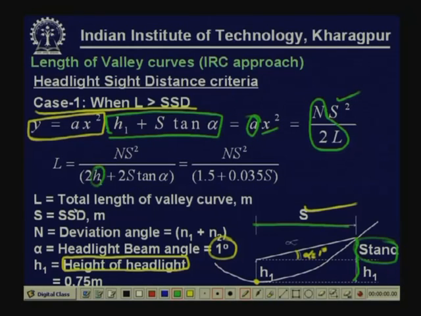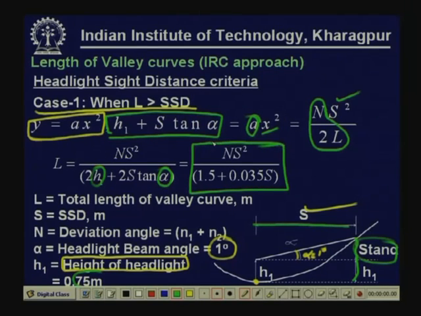Again put the value of h1 as 0.75 meter, put the value of alpha as 1 degree, and you get this expression. So, this equation can be used to calculate the length of valley curve considering the headlight side distance when length is greater than the stopping side distance.